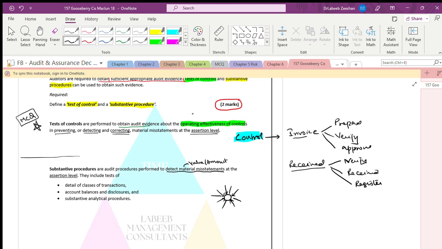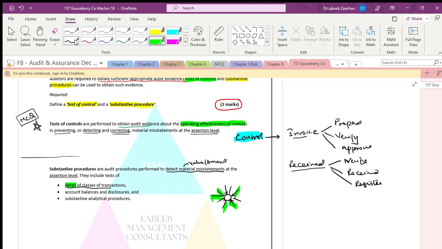We are working with details of classes of transactions. We are not just working on one or two aspects. We are talking in terms of details from different aspects.